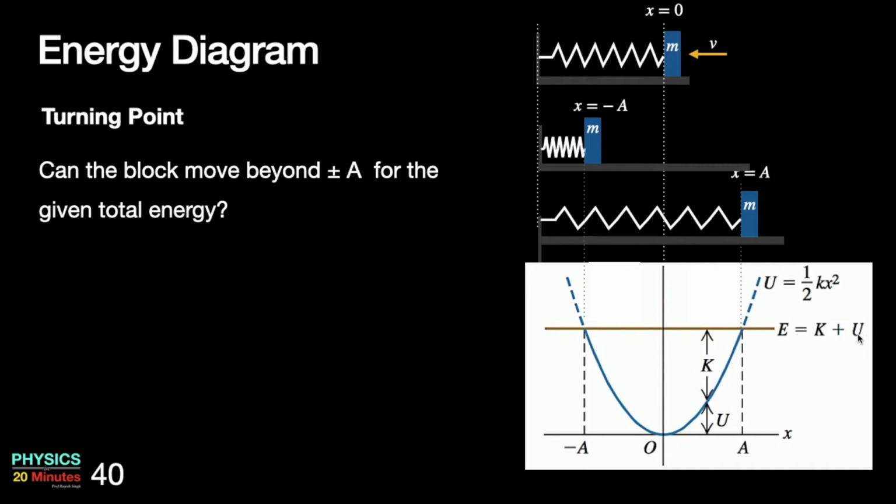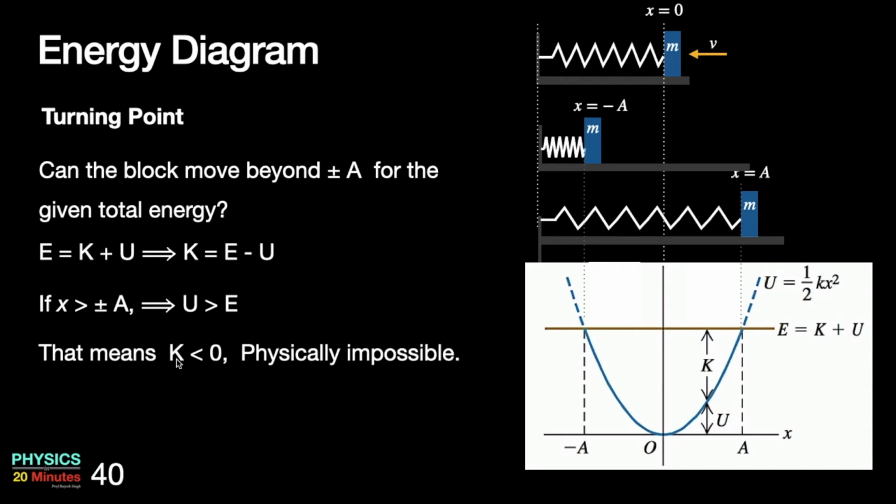If you increase potential energy further, then to keep the total energy constant, the k value should become negative. So k is E minus u, and if x is greater than plus minus a, then u is greater than E. It means k will become negative.